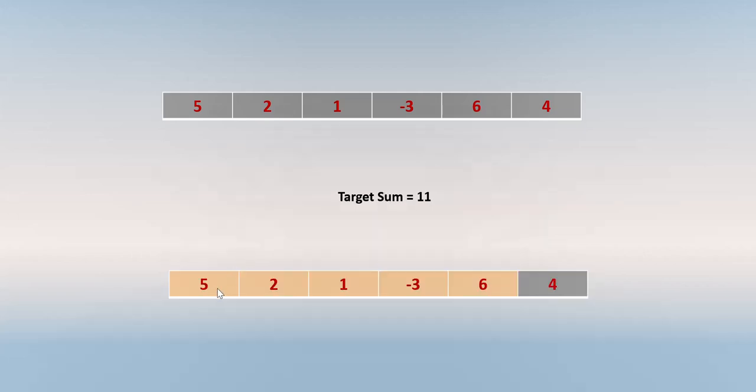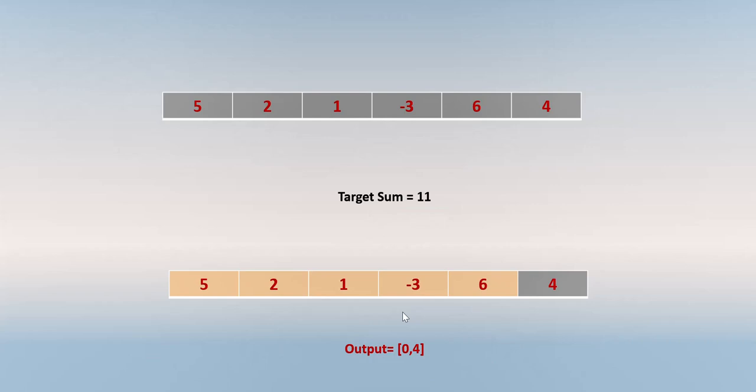So as you can observe, this orange colored subarray starting from 5 ending at 6, if you add these values you will get 11. Okay, so the output should look something like this. So for this subarray, the first element is at index 0 and the last element is at index 4. So this is the output 0 comma 4. Okay, so I hope you got the idea what exactly we have to implement.